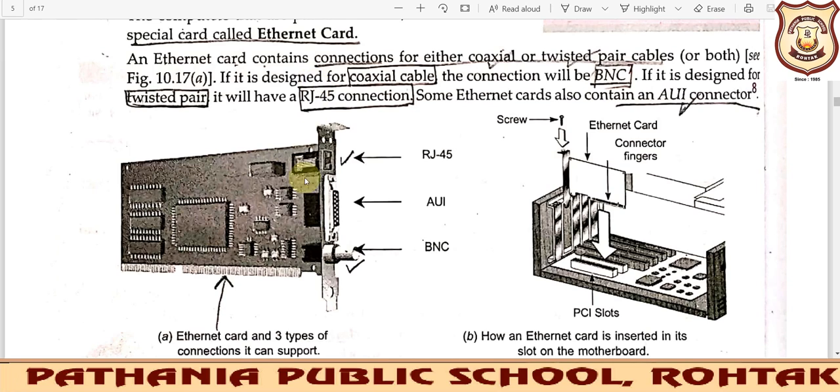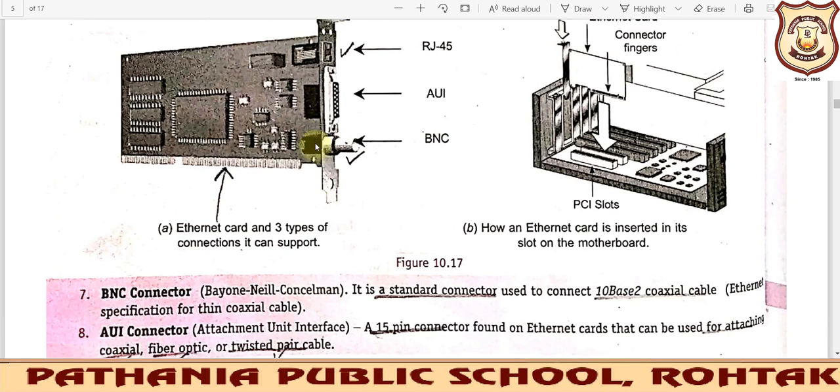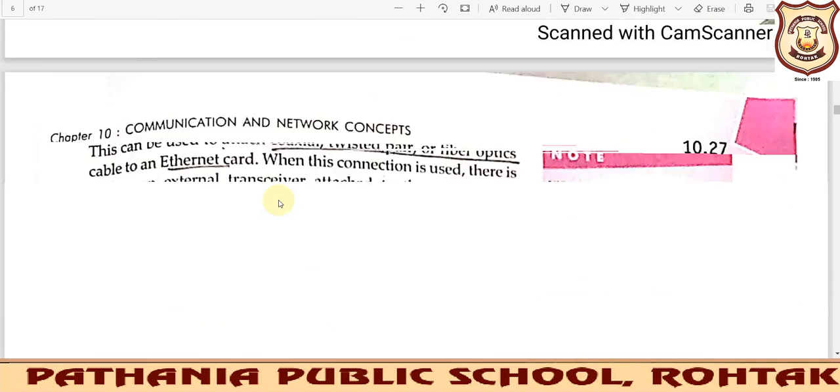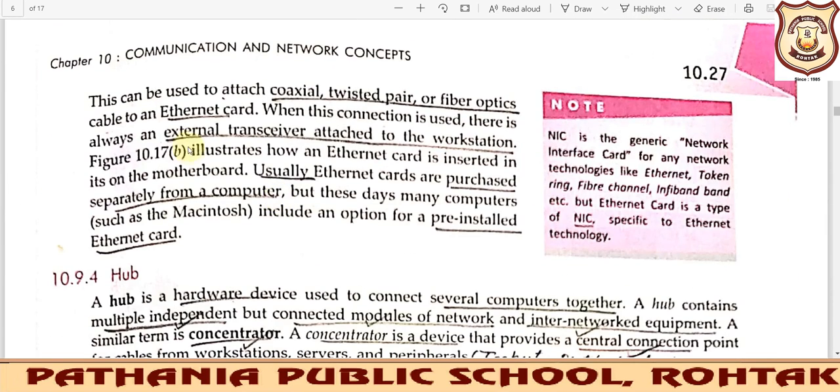They all are meant for a similar type of purpose, but their basic structure may be different. According to the equipment you have for getting connected with the internet, you may select any one of them. You have three options: you may use coaxial cable, twisted pair cable, or fiber optic cable to connect to an Ethernet card.